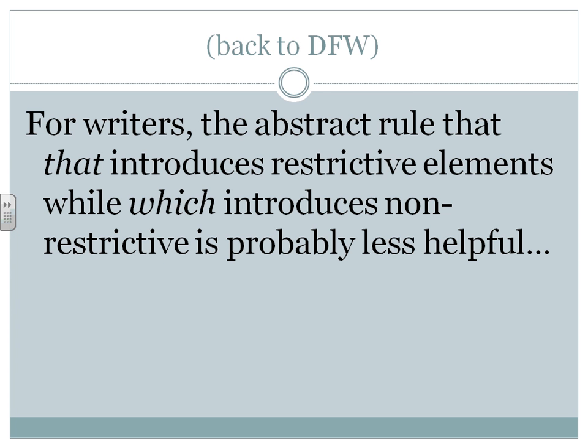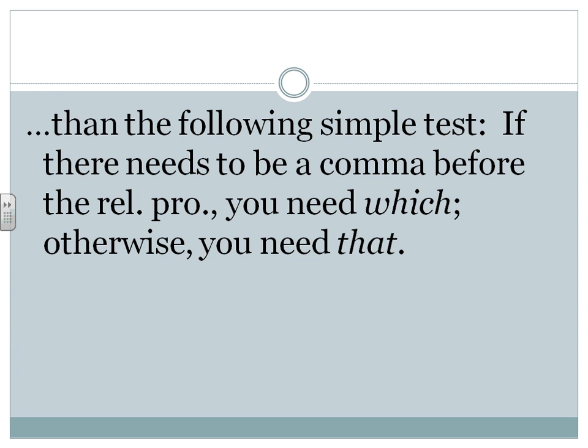The abstract rule that that introduces restricted elements and which introduces non-restricted. Probably less helpful than the following simple test. If there needs to be a comma before the relative pronoun, he abbreviates, the relative pronoun, you need which. Now the commas, okay, you need which, no comma, that.